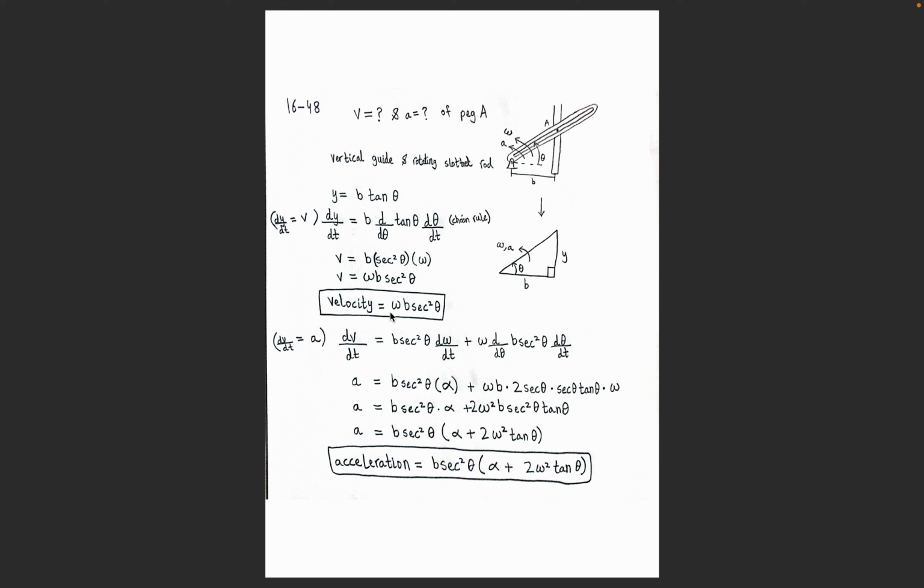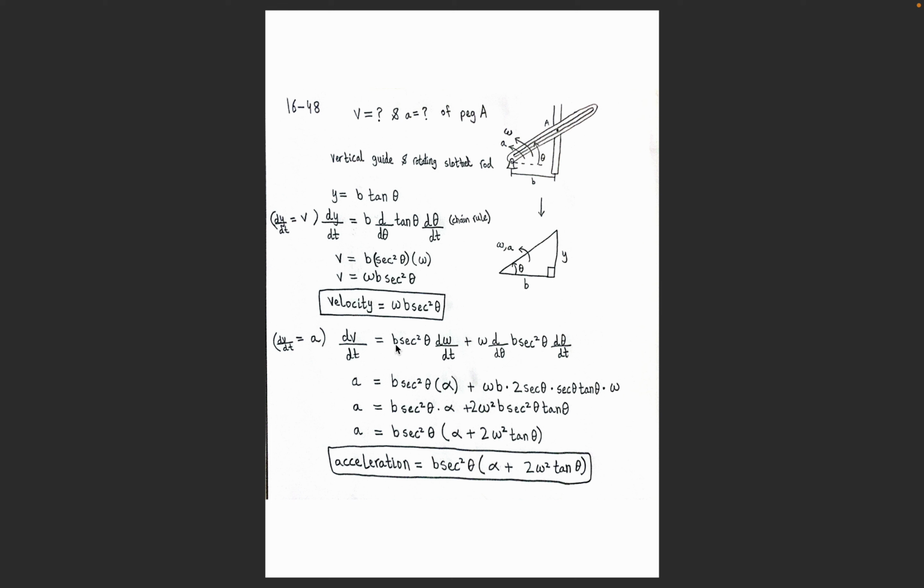As you can see in the previous equation, we have two separate terms: the omega term and the b secant squared theta term. Both of them are variables, with only b being the constant. When differentiating such equations we have to use the product rule.